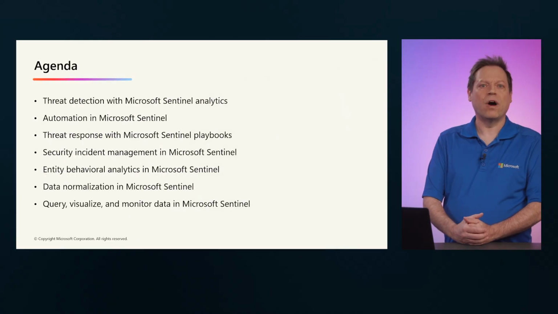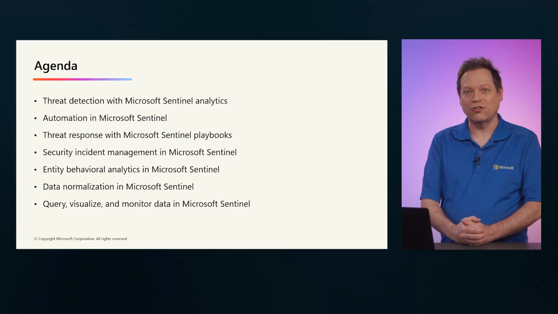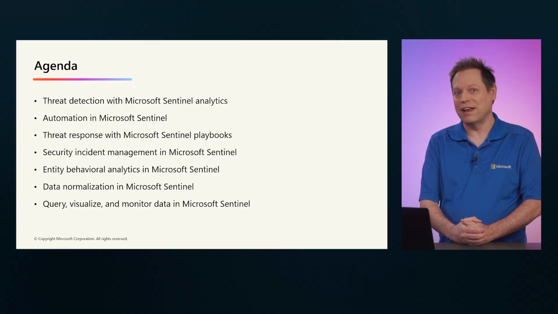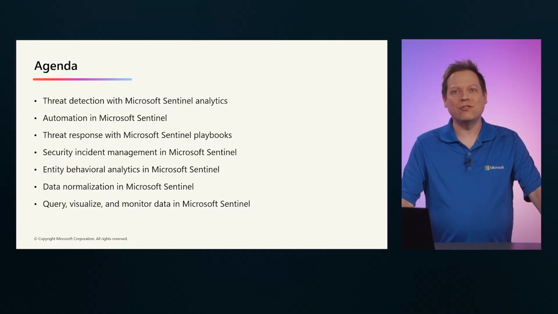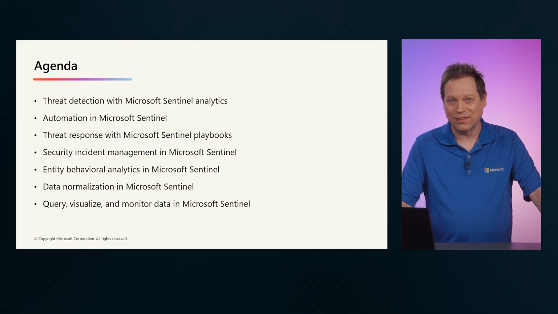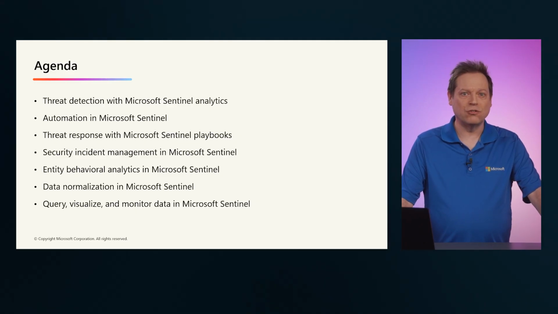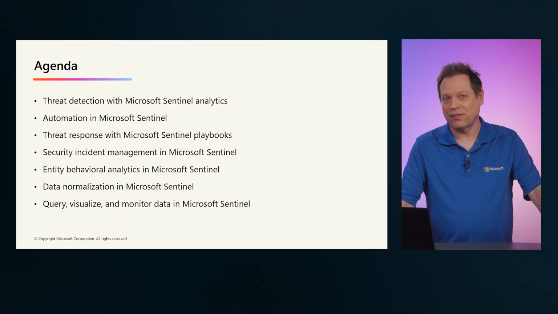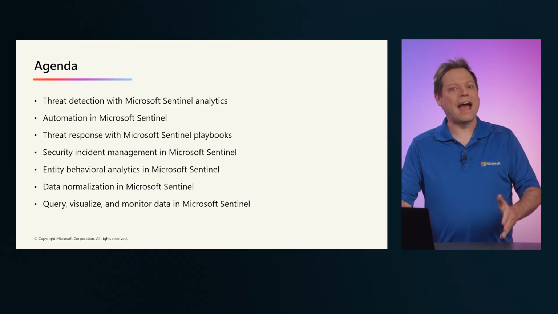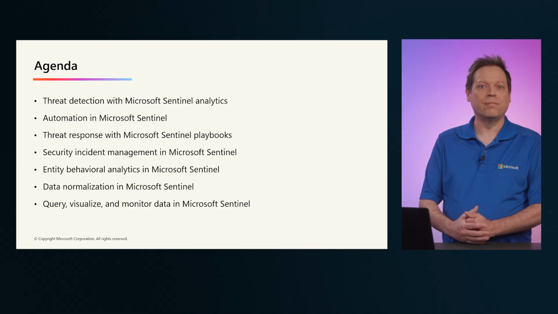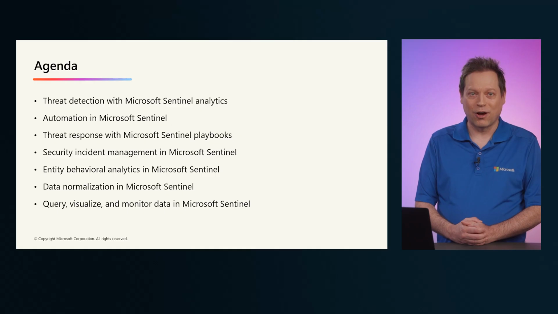Let's take a look at what we'll cover. We'll start with threat detection using Microsoft Sentinel Analytics, how rules analyze data and produce meaningful alerts. Then we'll move into automation in Microsoft Sentinel and how automation reduces repetitive SOC tasks. From there, we'll get into threat response using Microsoft Sentinel playbooks, followed by security incident management, how incidents are created, investigated, and resolved.